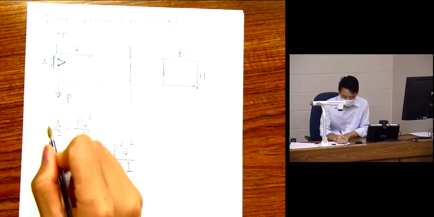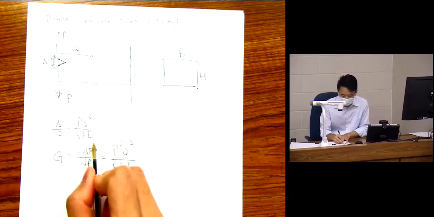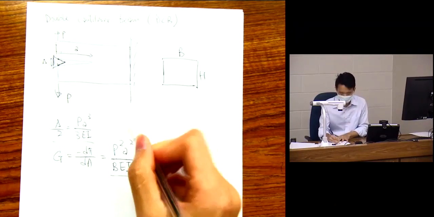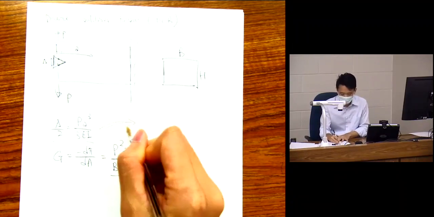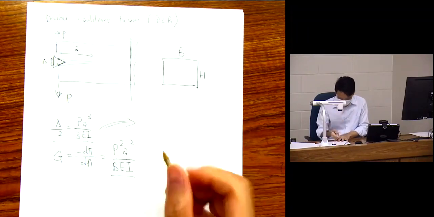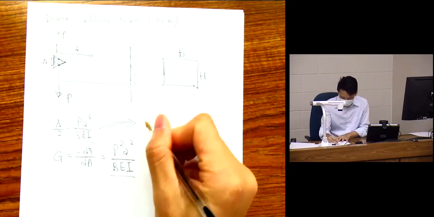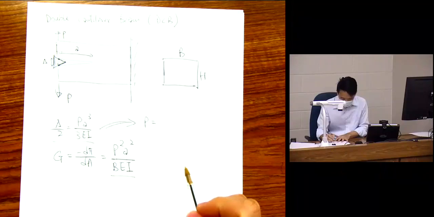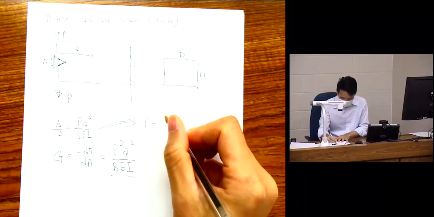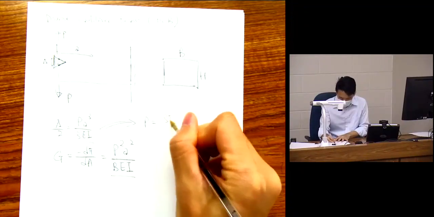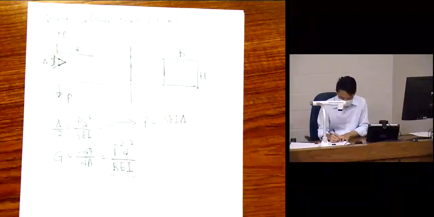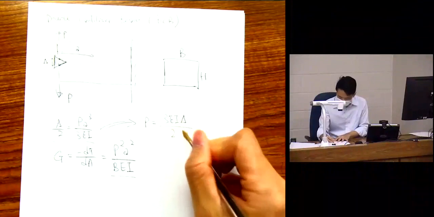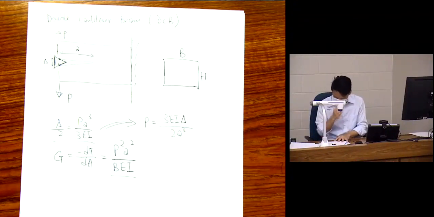So let me go back here to the beam theory, right? That is still correct. Nothing changes. I'm just not controlling P now. I just change this equation slightly to express P. I get 3EI delta over 2 a cubed, right?